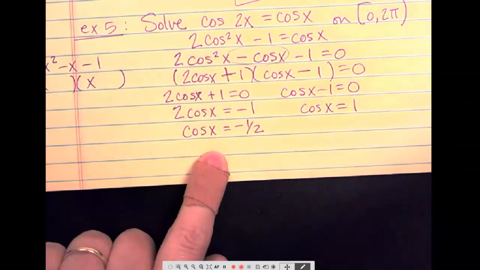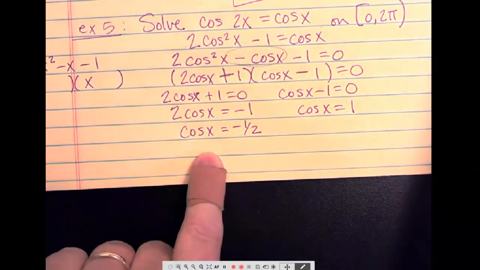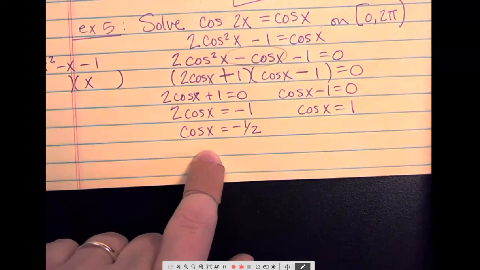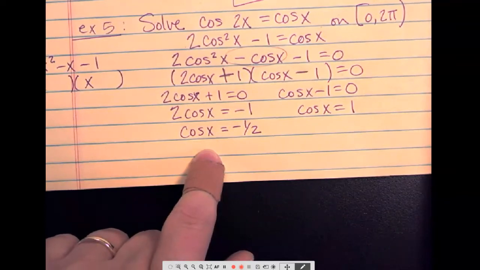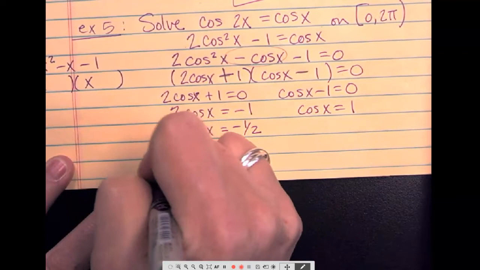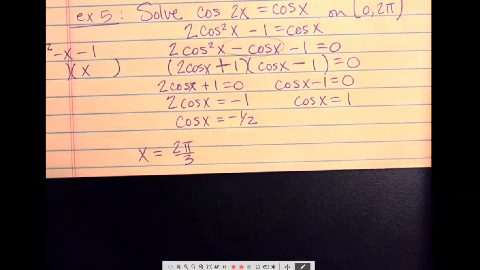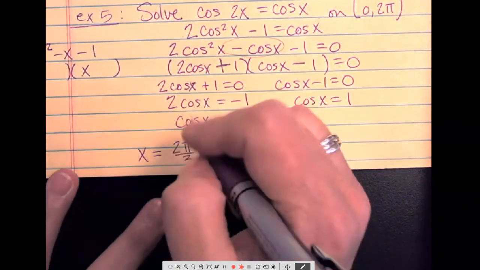Okay, let's start with cosine -1/2. Where do you see that happening? Did you say 2 pi over 3 or pi over 3? 2 pi. Okay, good. Okay, 2 pi over 3. Anywhere else? 4 pi over 3.